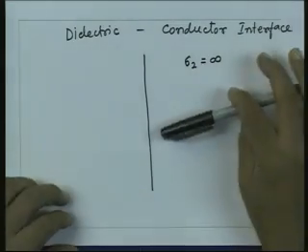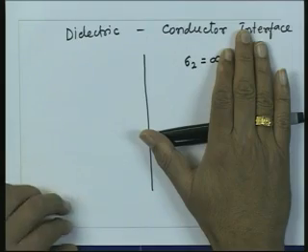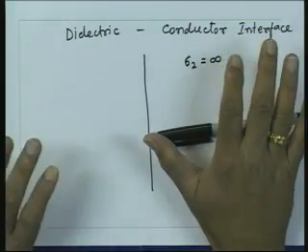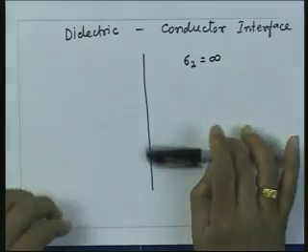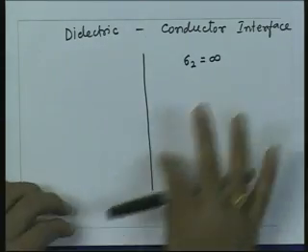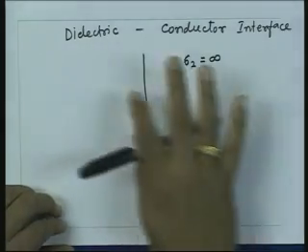Now, if the conductivity of this medium is infinite and if you want to have the finite current densities, the conduction current density is sigma into the electric field. So, the conduction current density will be sigma of this medium which is infinite into the electric field. So, if I take any finite electric field, the conduction current density will be infinite in the medium.